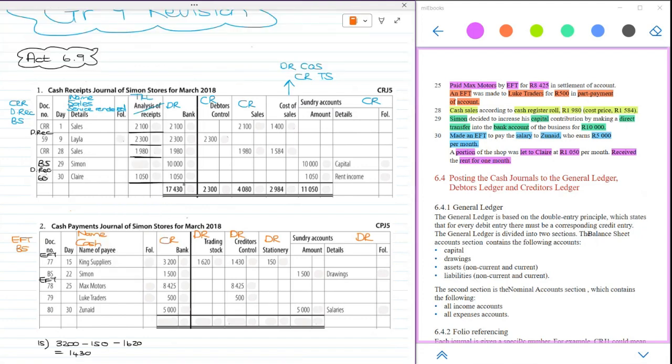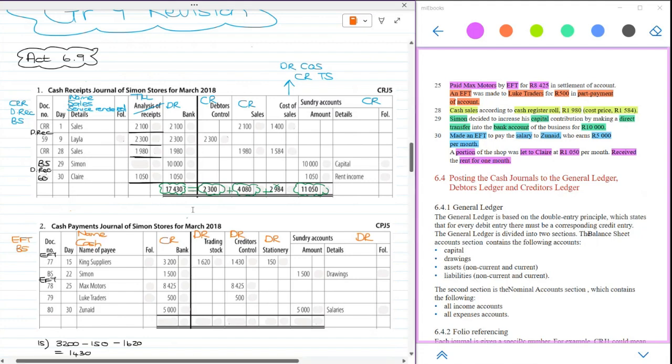So the amount that I have here for my bank on the debit side must be equal to all the credits added together. But remember, cost of sales was not credited, so I can't include the cost of sales amount. So that amount of bank will be equal to 2,300 plus the sales amount plus the sundry account. Okay, we never include the cost of sales amount.